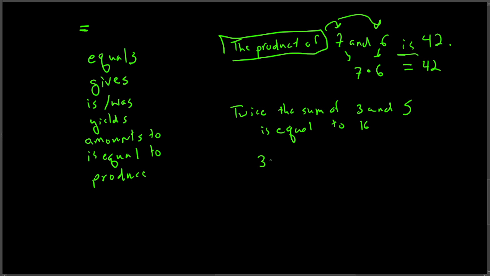So 3 plus 5 is part of the sum. And I have to multiply it by 2, so it gets parentheses, because this thing here is talked about as a unit, and then multiplied. I'll write it as a unit. And then is equal to, and that's true.